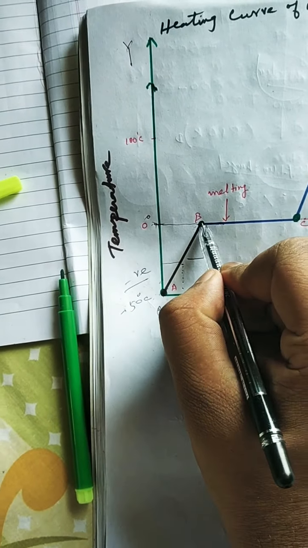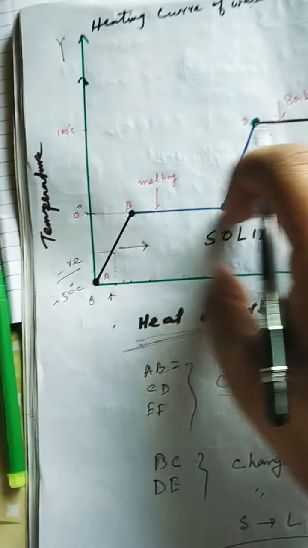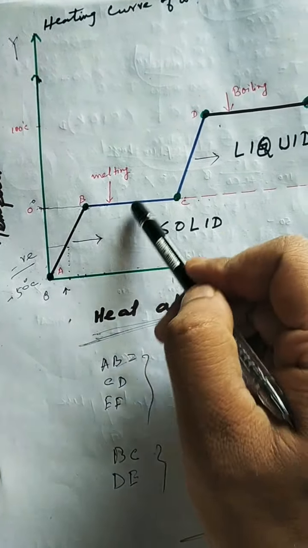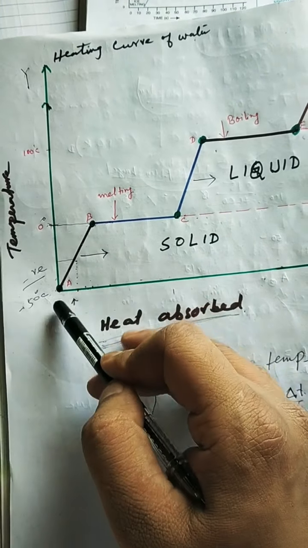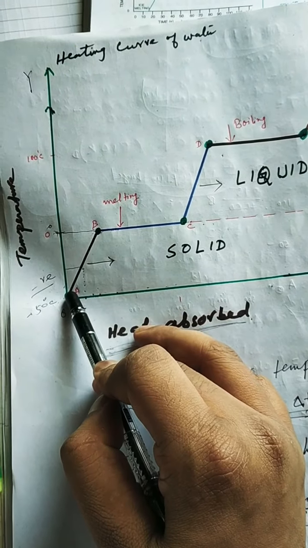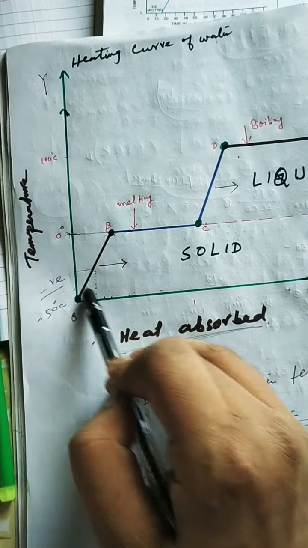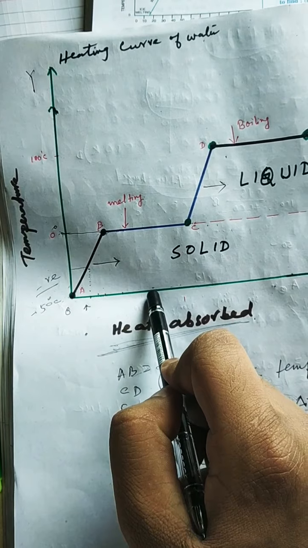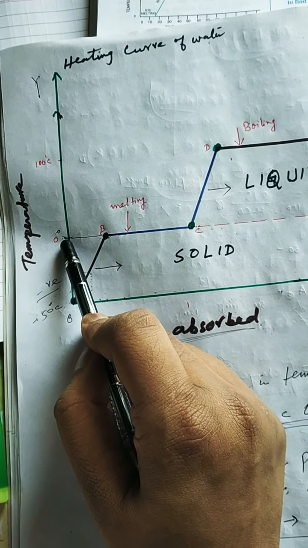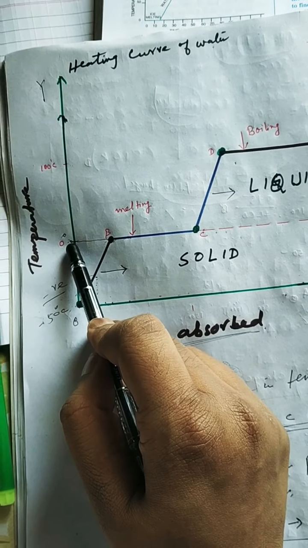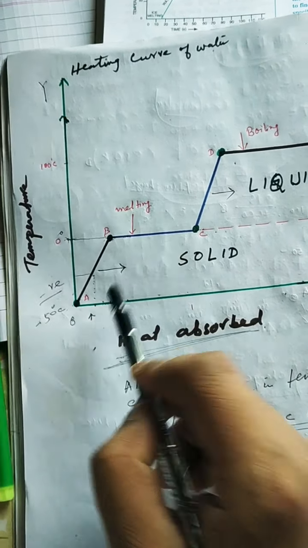So this indicates the solid part; that ice is solid. From minus 50 degrees, the temperature of the ice increases by absorbing heat. At the point of 0 degrees, the ice has reached 0 degrees after getting this much heat.